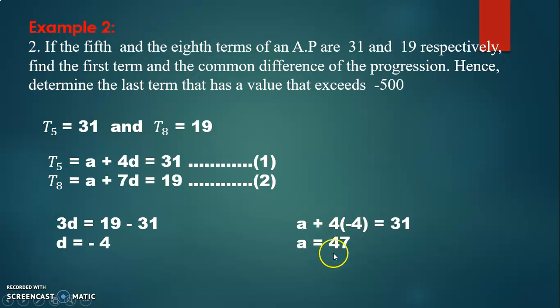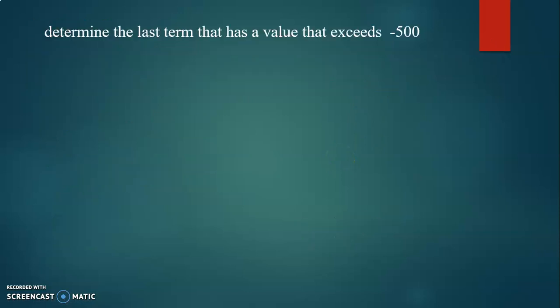a is 47. Okay, hence, after this you're asked to determine the last term that has a value that exceeds negative 500. 就是说超过 negative 500，是哪一个 term 开始它就超过 negative 500. So what should we do?